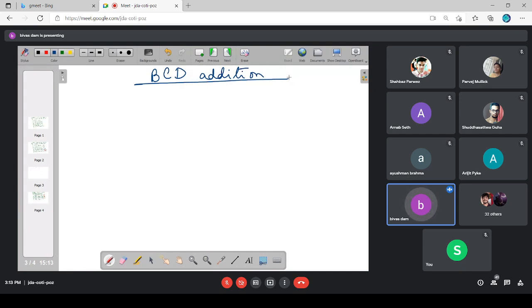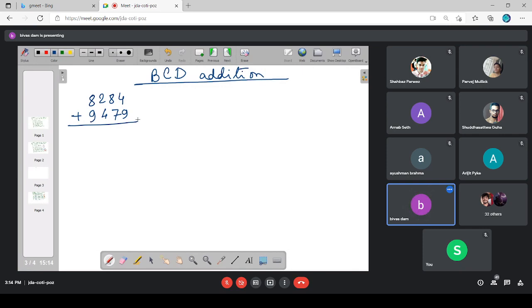If nothing else is specified, by default the BCD has got to be the normal BCD or 8421 BCD. Fine. So my requirement is to find out the addition using BCD format.